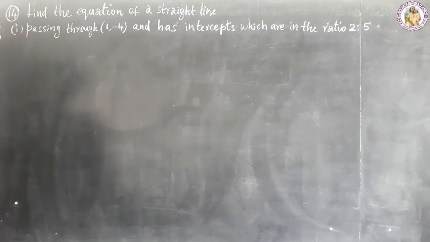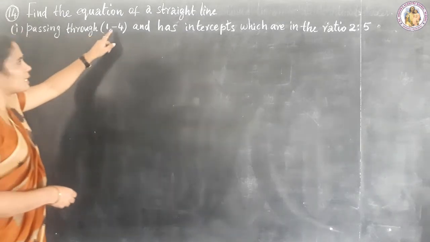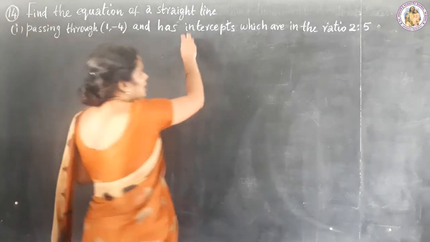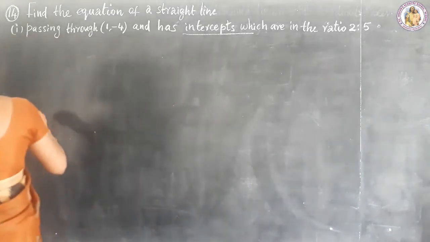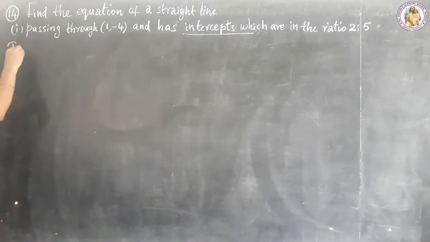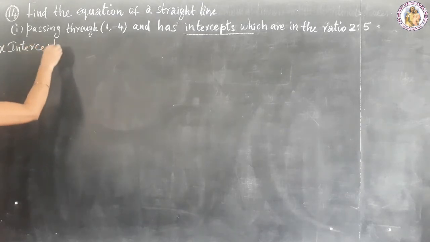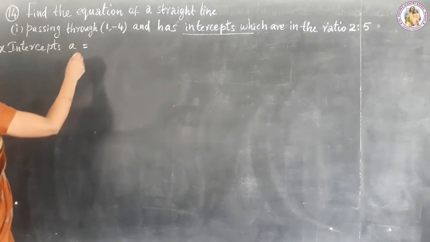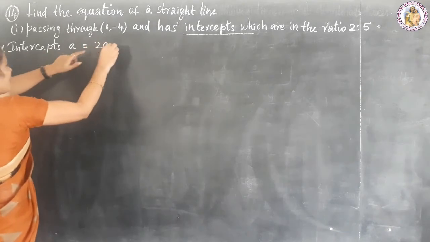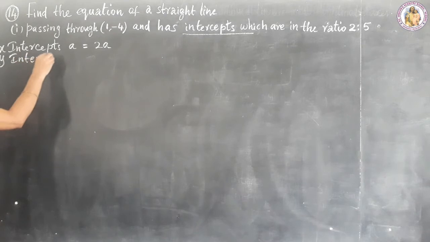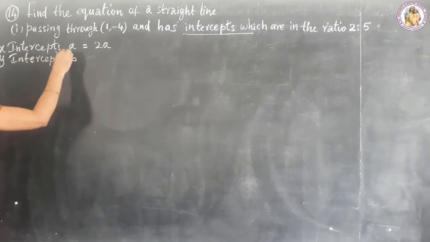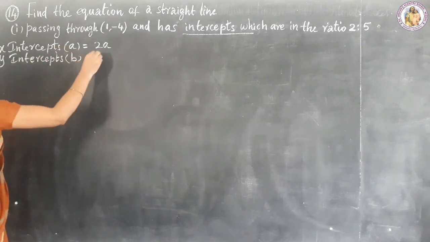Question number 14, find the equation of a straight line. In sub-question 1, passing through the point 1, minus 4 and has intercepts which are given in ratio 2:5. So now let us take the x intercept a is equal to 2a and the y intercept b is equal to 5a.